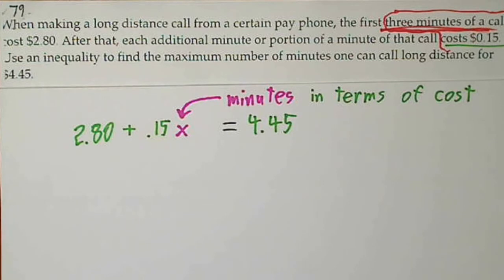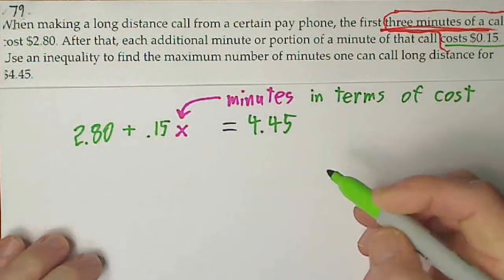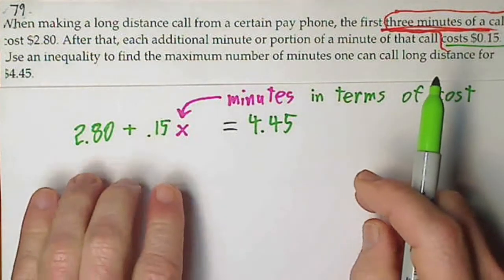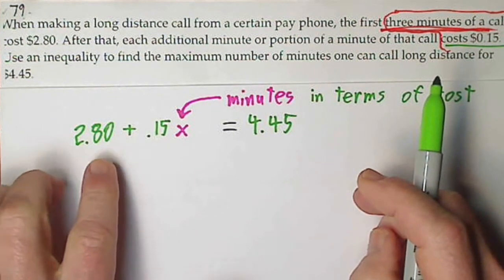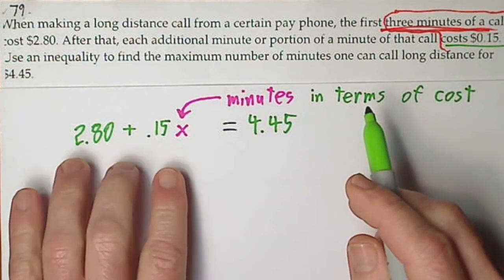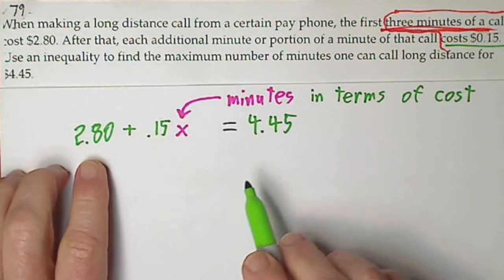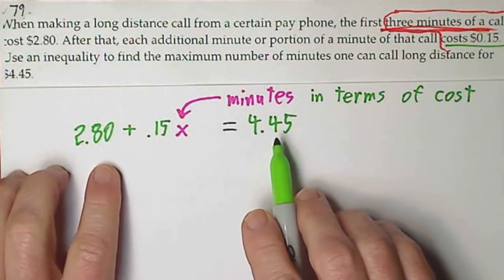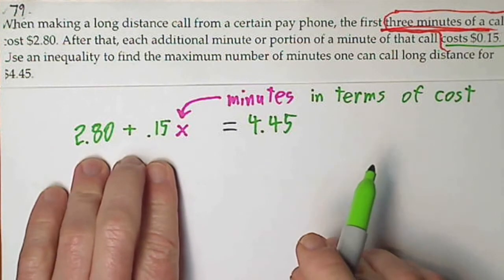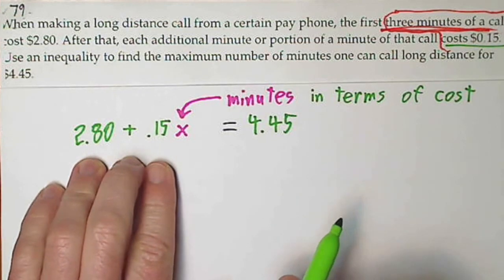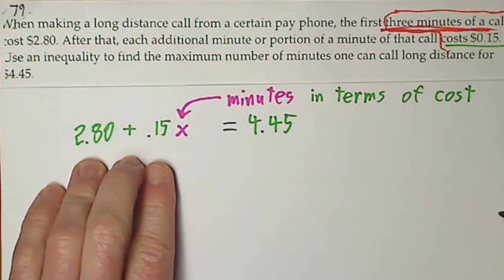I guess I'll stick with my green. This is how much money. Over here, everything in green is cost, and over here is cost. So this isn't showing those 3 minutes that I'm going to get when I spend $2.80.